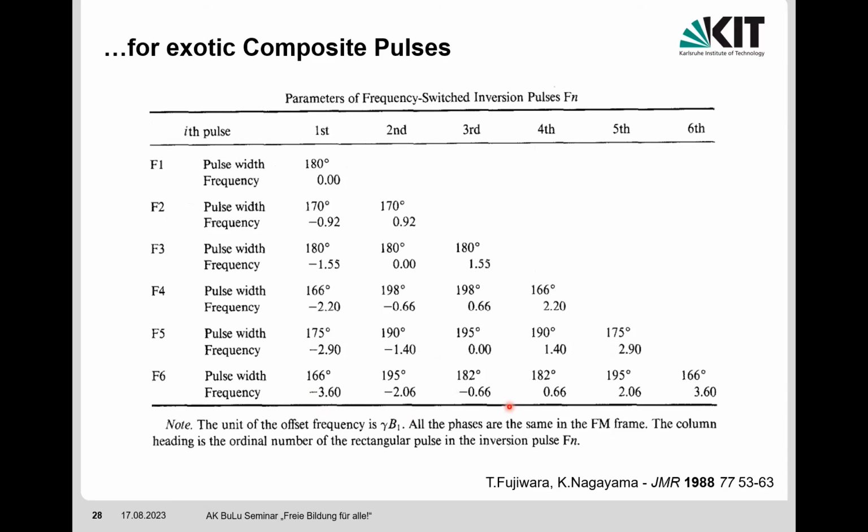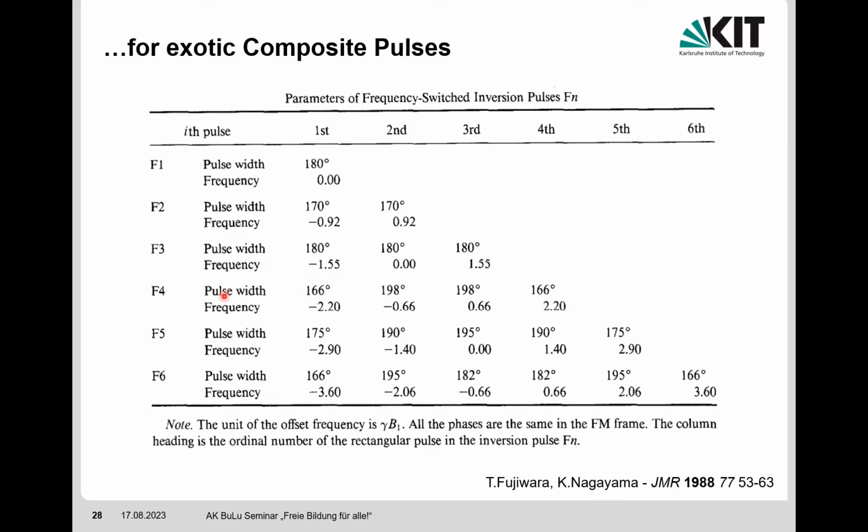And then Fujiwara and Nagayama came up also with composite pulses that are a bit different from the others. So exotic composite pulses, Tycko called them. And they have not just a 180-degree pulse, but it appears at a frequency that is 1.55 times some value shifted. So you use now pulses, for example, 3 pulse elements that irradiate at 3 different frequencies.